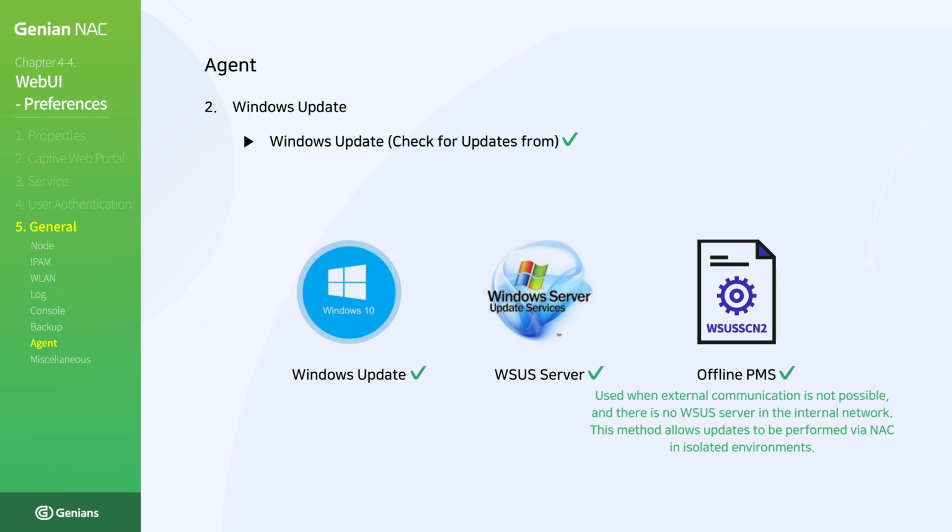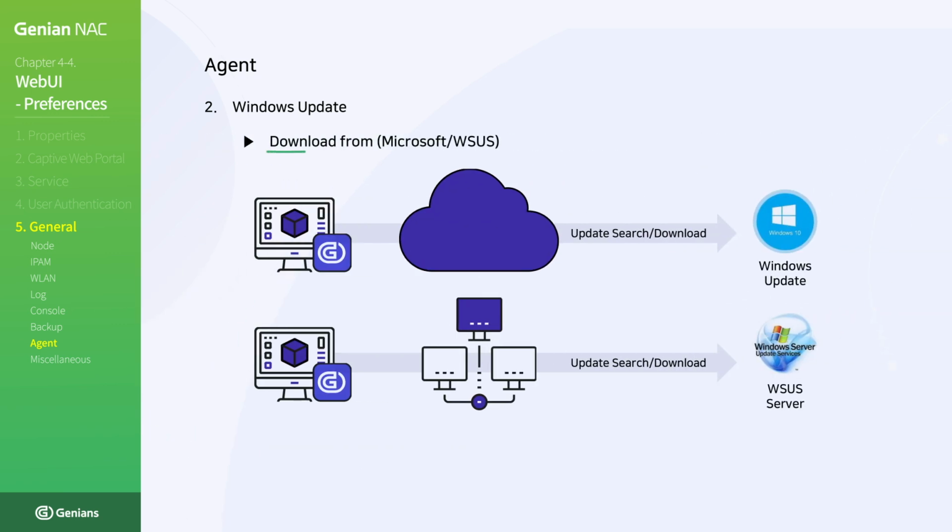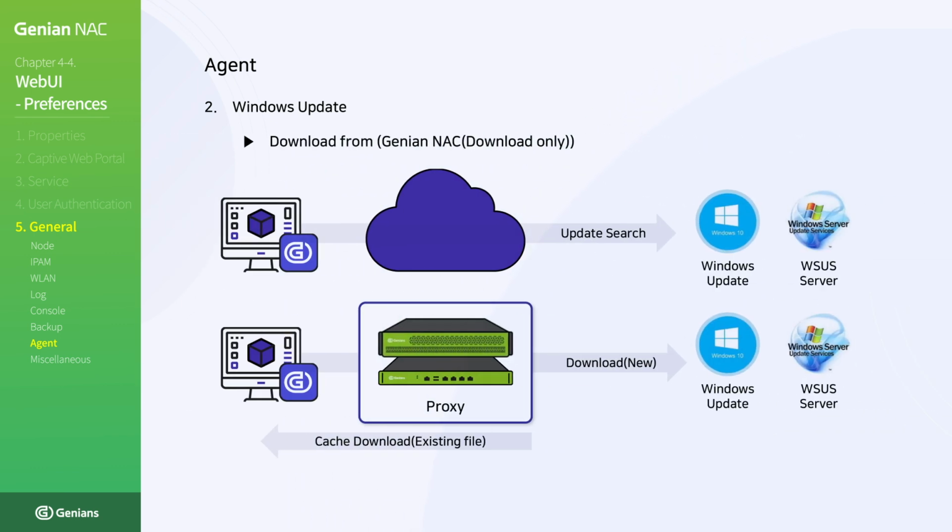Windows Update Server and WSUS Server are used when there is internet connectivity or when a WSUS server is available in the internal network. Offline PMS is used when external communication is not possible and there is no WSUS server in the internal network. This method allows updates to be performed via NAC in isolated environments.